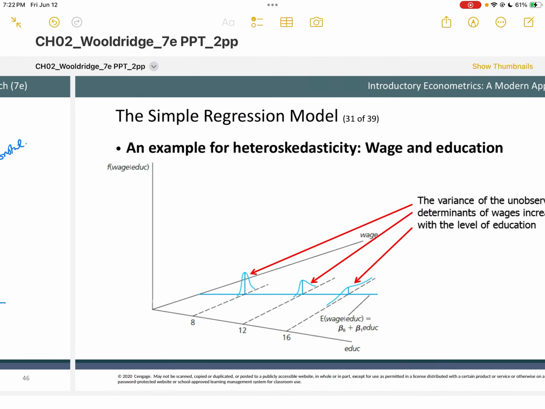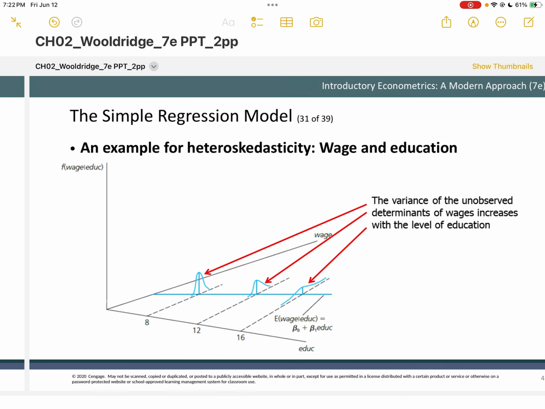In reality, though, when you have education and you have wages, you will realize that at the lower levels of education, wages are sort of uniform.